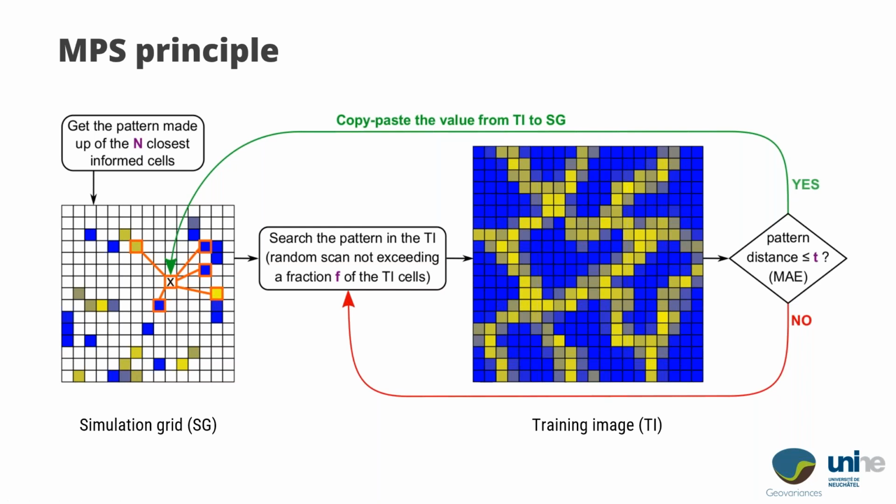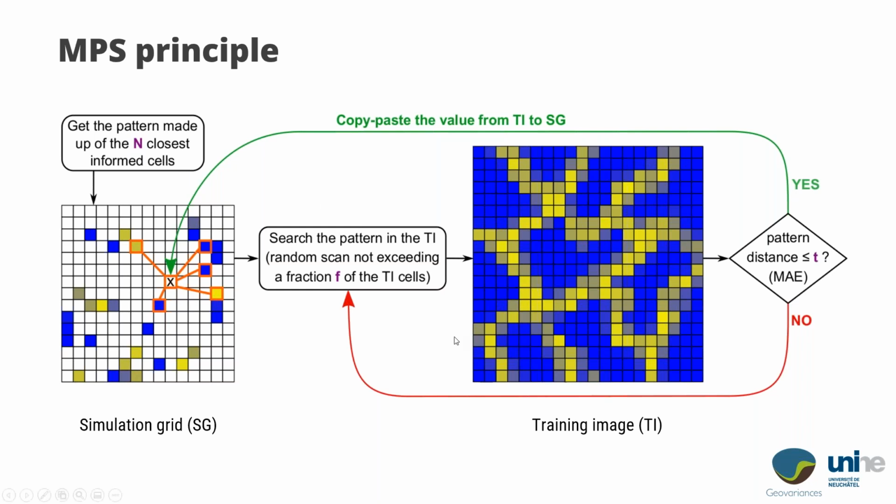Here we have an illustration of the algorithm for the simulation of one cell. So we want to know which information we have here, for example, and in order to define this value, we need only 3 parameters.